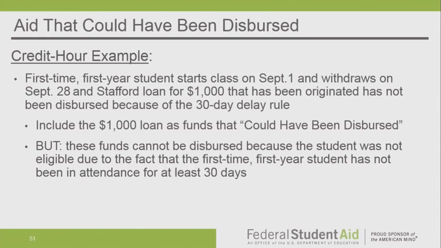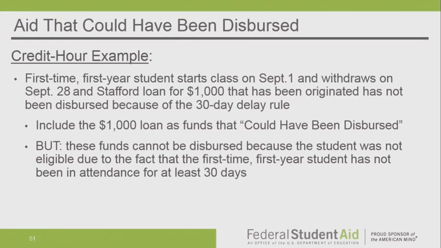In this first example for credit hour, we have a first-year student that starts on September 1st and withdraws on September 28th. The student got a Stafford loan for $1,000 that was originated but not disbursed because the student was a first-time borrower and had to wait for the 30 days. So even though the student could not receive that aid because of the 30-day rule, you would still include that $1,000 as funds that could have been disbursed.